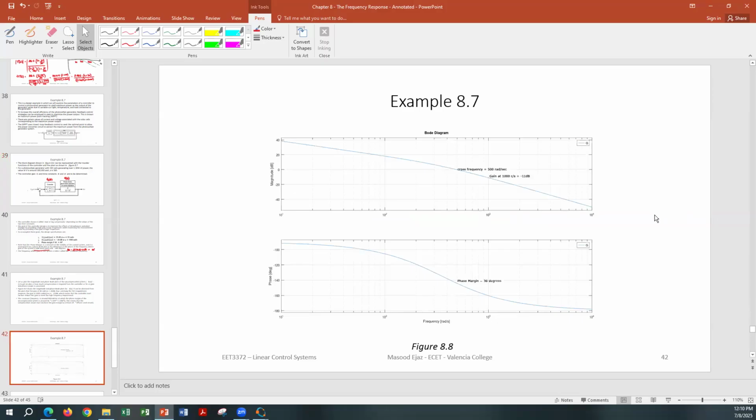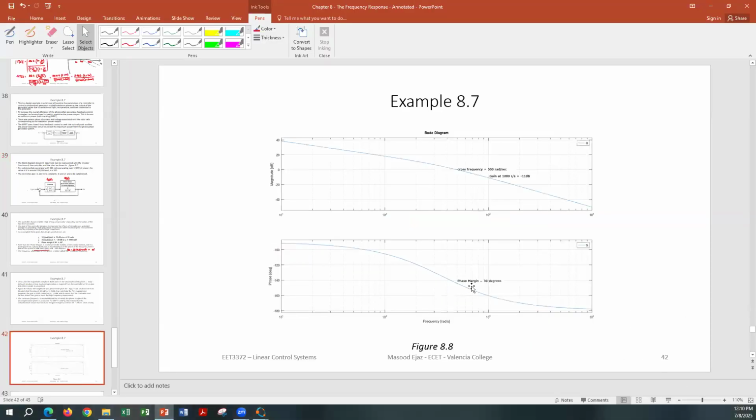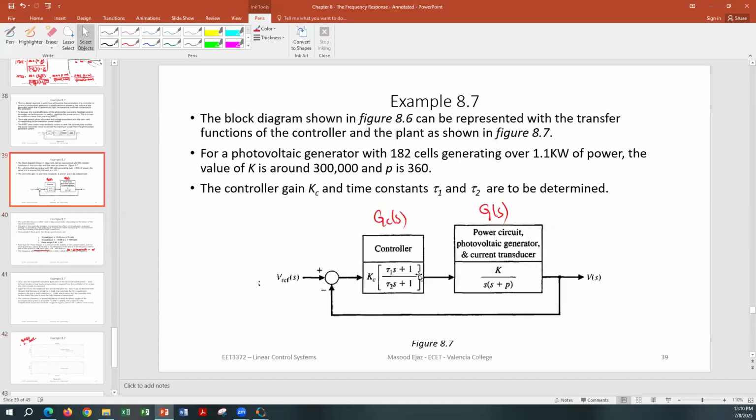So that's the Bode plot, I should write it down here. This is the magnitude Bode plot of GC(s) G(s), where GC(s) is 1 and G(s) is 300,000 over s times (s plus P).